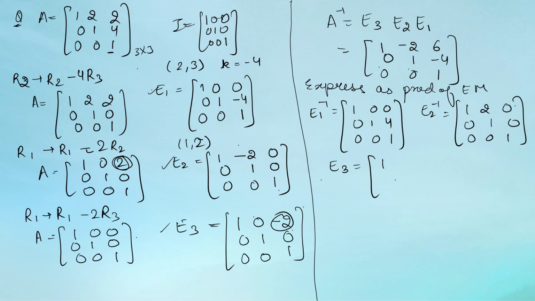You cannot give your identity to anyone. If you're giving while taking the inverse, you have to Control Z, meaning you have to take it back. So 1, 2, 0, 0, 1, 0, 0, 0, 1. So now your A will be equal to E1 inverse, E2 inverse, E3 inverse. I hope you will be able to multiply them.